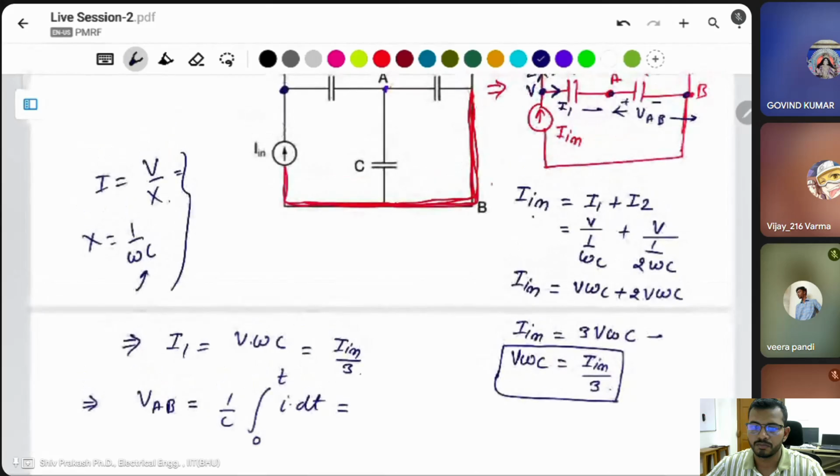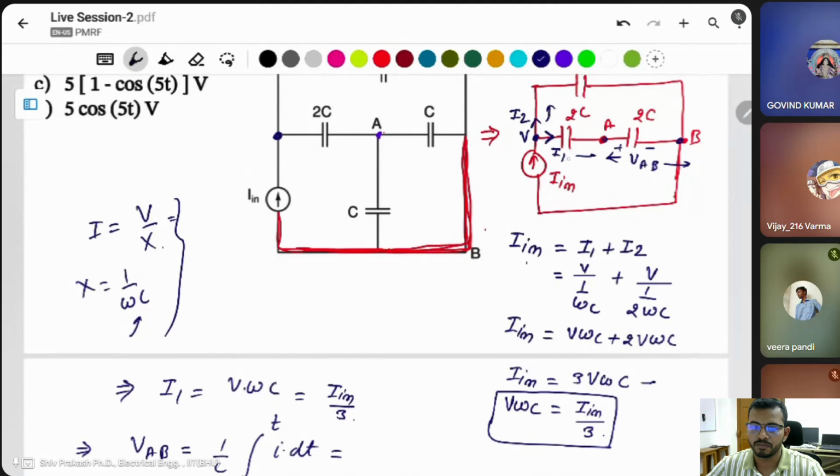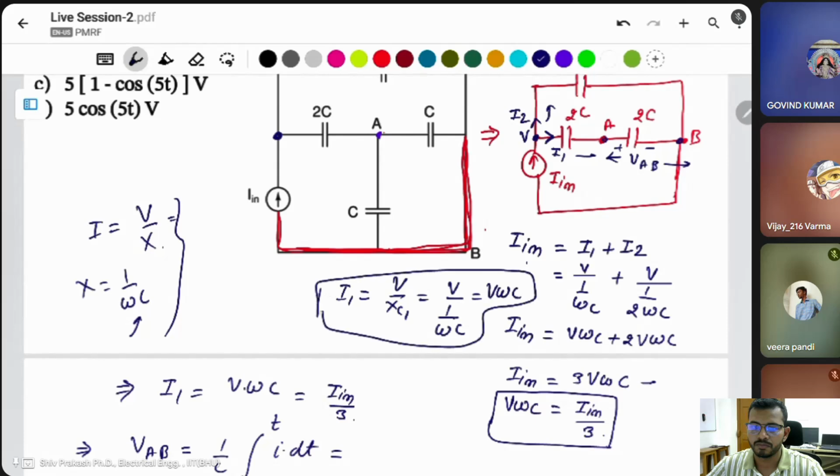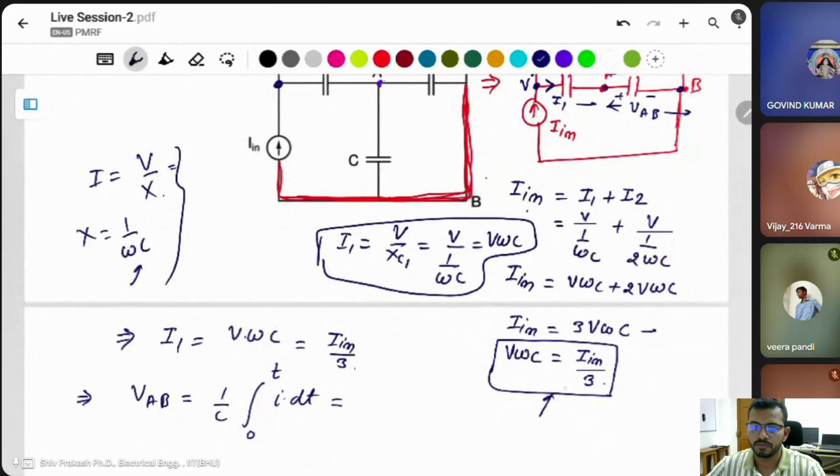Then after that you have to find I1. I1 in this case is V by XC1, and V by XC1 is 1 by omega C, which is V omega C, and V omega C was already found here as I in by 3. That's why I directly wrote I in by 3.